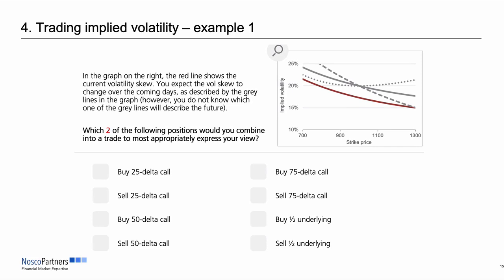Since your view is that the general level of volatility is going to go up, you will buy at-the-money options. But by buying at-the-money options, you pick up some deltas. Since you have no view on the direction of the underlying, you only have a view on the level of implied volatility, you delta hedge your option by selling half of the underlying.